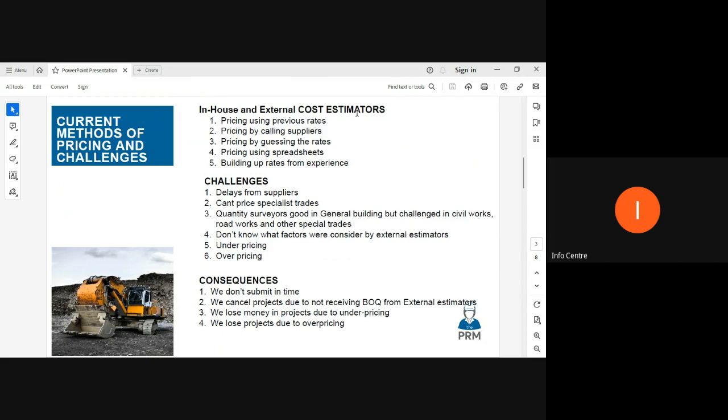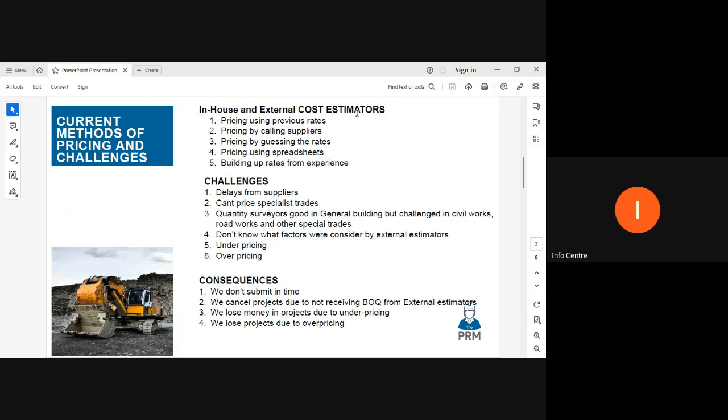The second challenge is that we can't price specialist rates. This is simply because when we study academically and when we go to practice, you realize that we study, let's say, civil engineering, for example. So you study civil engineering, you practice on roads or civil works. So when you're pricing, you're most likely to be strong on roads and civil works, but to be weak when it comes to general buildings, mechanical, and other trades.